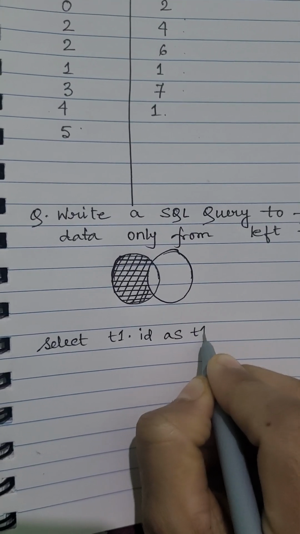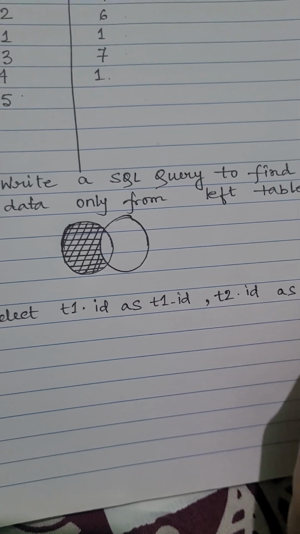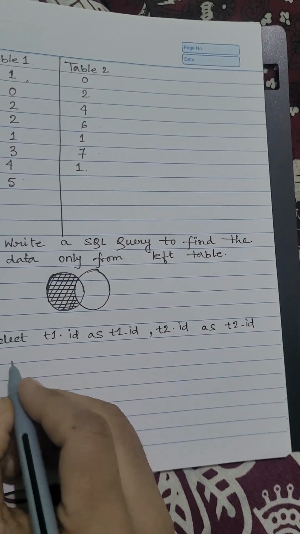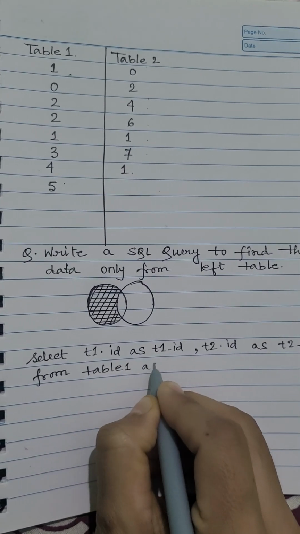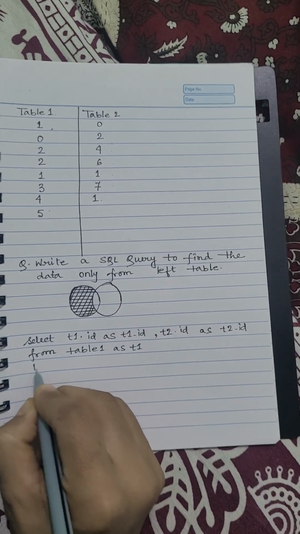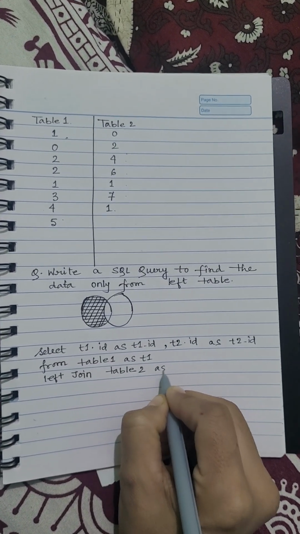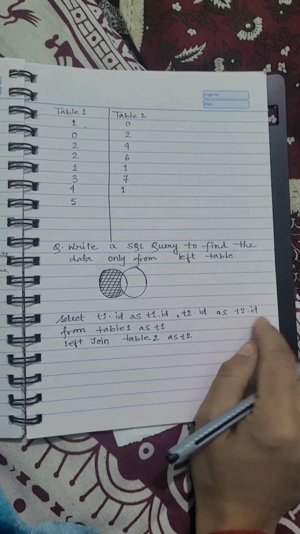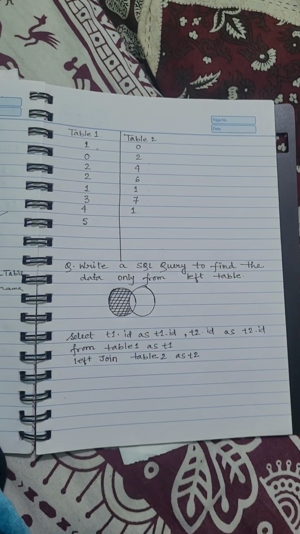Then t1.id comma t2.id as t2 id, from table 1 as t1 left join table 2 as t2. So table 1 is taken as t1.id, table 2 will be taken as t2.id. So both the columns will appear now, and it becomes very easy to understand which column is there and which is not.